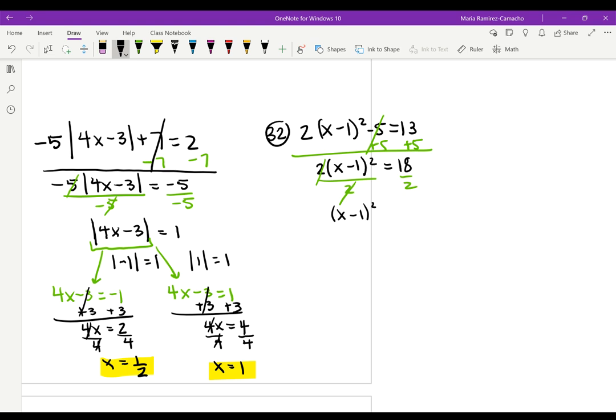I get x minus 1 squared equals 9. I can take the square root of both sides. The square root and the square cancel. X minus 1 could be equal to +3 or -3 because not only is 3 squared equal to 9, but also -3 squared is equal to 9.